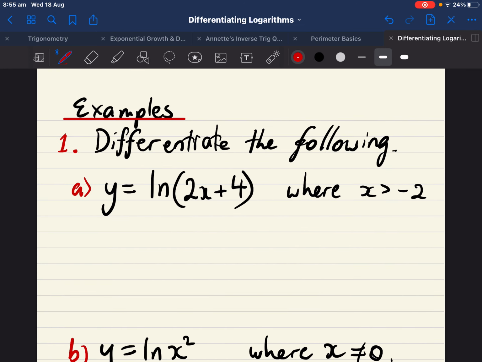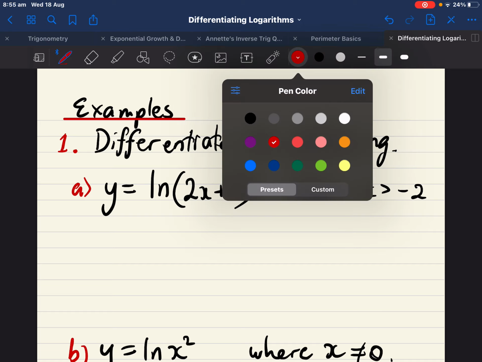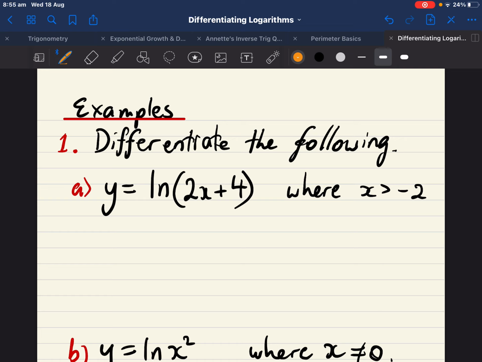Example 1, we're going to differentiate the following. I've got a couple of different scenarios here. Let me just change the color. Okay, so let's say we want to differentiate this logarithm here. We've made the domain all the values of x that are greater than -2. The reason for that is because, remember, log functions don't exist for negative values, or in fact 0 as well.